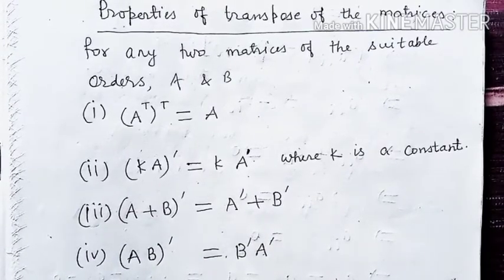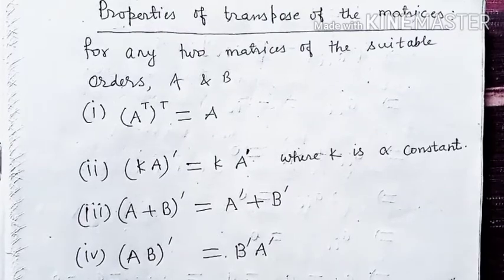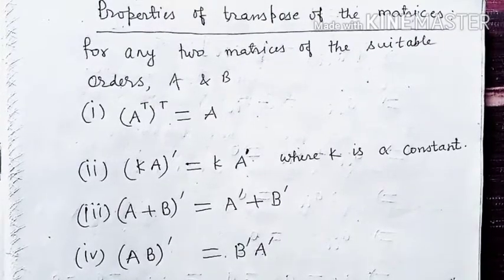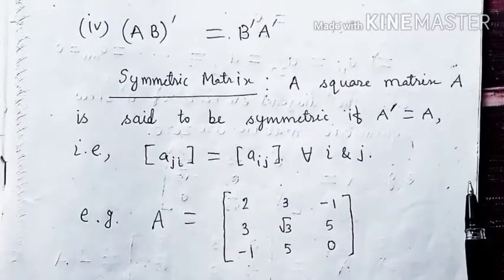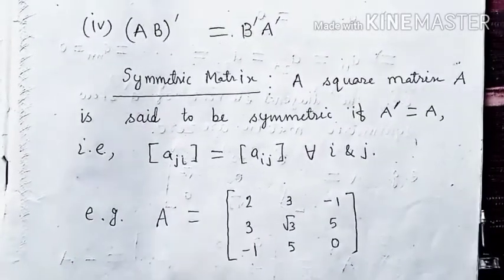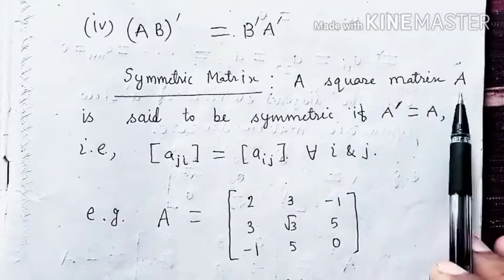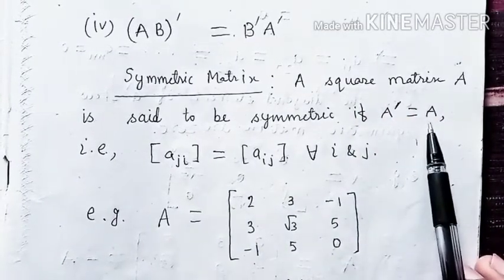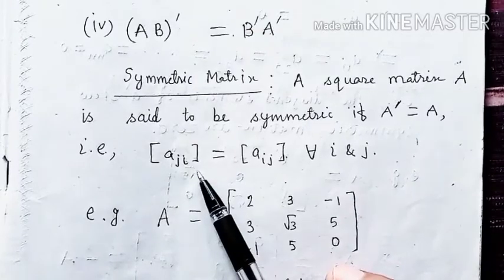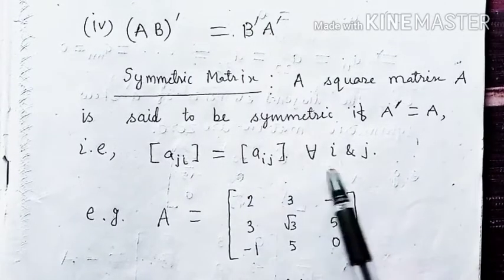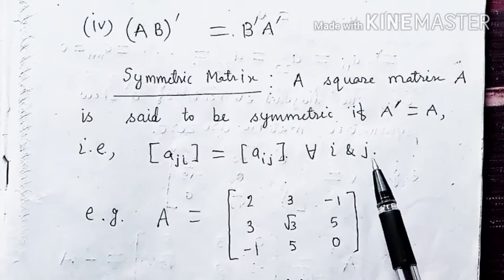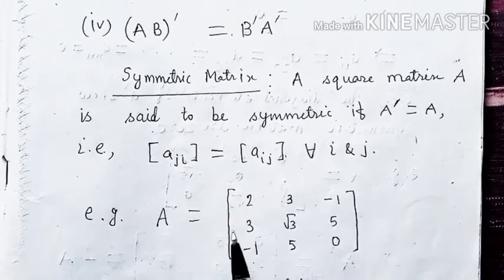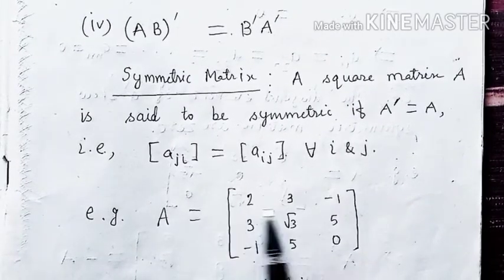Let us discuss some other types of matrices like symmetric matrix and skew symmetric matrix. Firstly, we define symmetric matrix. A square matrix A is said to be symmetric if its transpose is itself. That is, Aji is equal to Aij for all i and j. For example, here A is 2, 3, minus 1; 3, root 3, 5; minus 1, 5, 0.